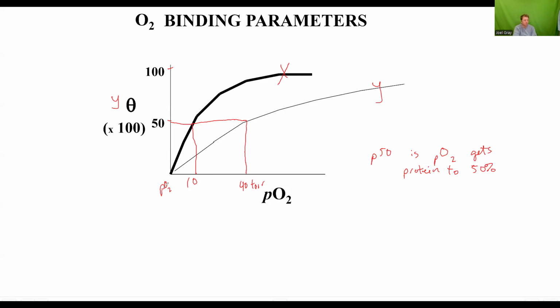But I like your thought process there. X only needs 10 torr, whereas Y needs 40 torr. So the P50 for X is lower, which means I'm going to say binding affinity is higher.